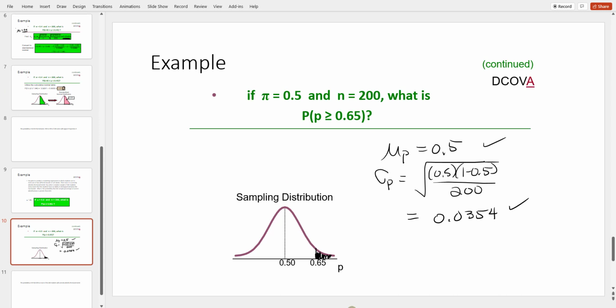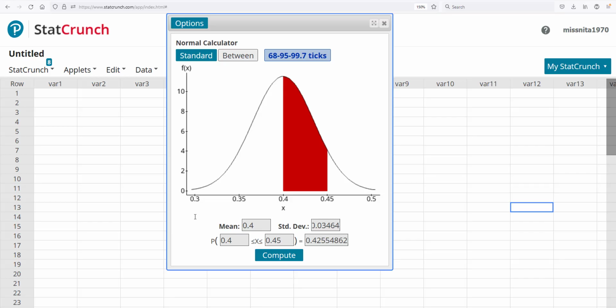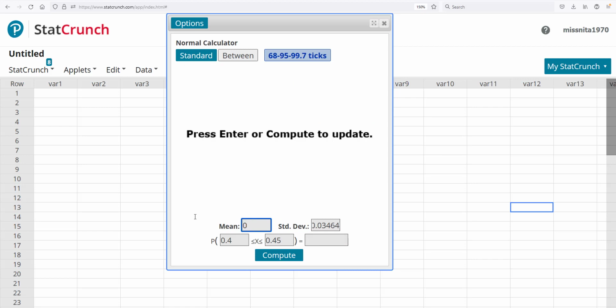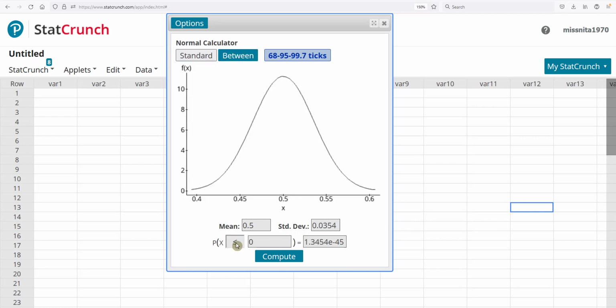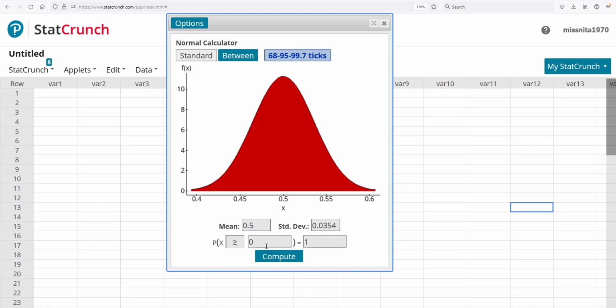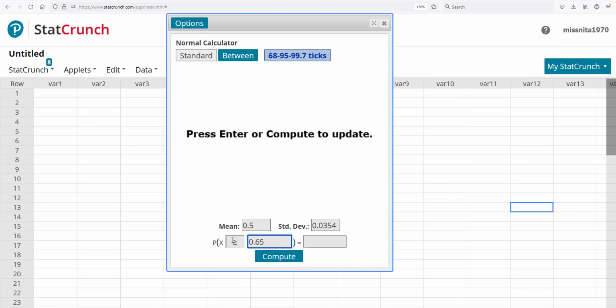These are the two values that we need to plug into StatCrunch. So let's go to StatCrunch. We have a mean of 0.5, standard deviation is 0.0354. We want everything greater than 0.65.